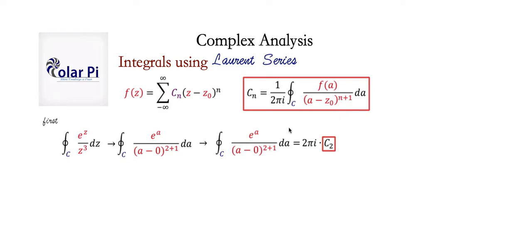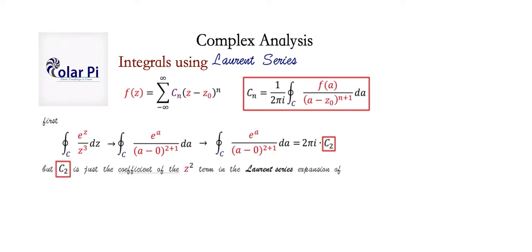Otherwise, f of z is e to the z, and so if I so chose, I can call it f of a, and it'd be e to the a. The c sub 2 we're talking about is the c2 coefficient in the Laurent series expansion, the one associated to the z squared term, or the a squared term if we're using the variable a as opposed to z.